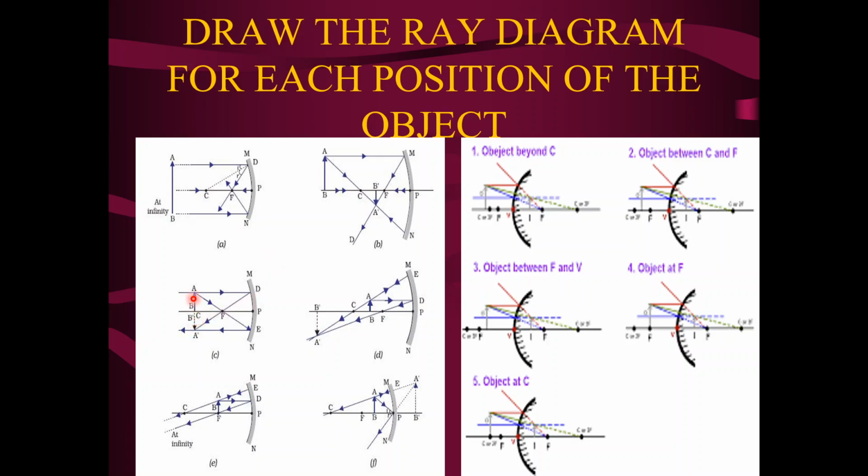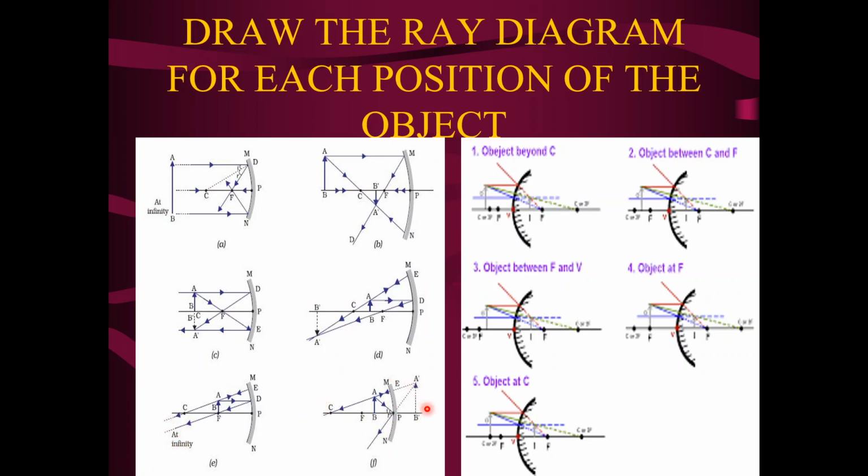Here, when the object is at C, the image is also formed at C, of the same size. The object is between F and C: the image size increases, but it is real and inverted. The object is at F: the image is formed at infinity. Again, real and inverted. The size is enlarged.